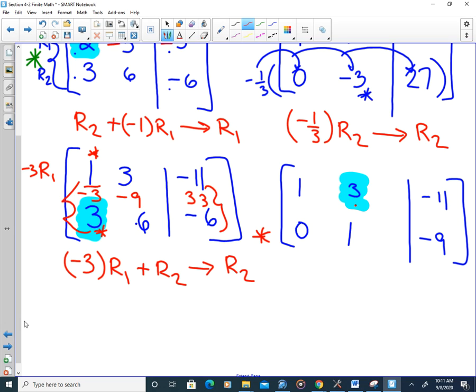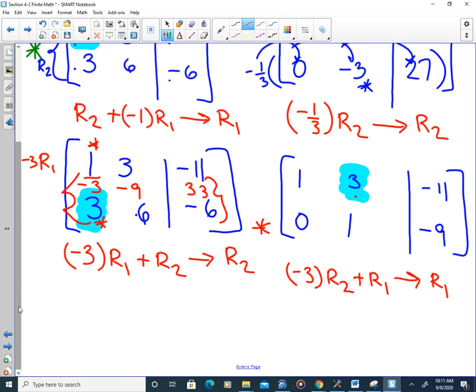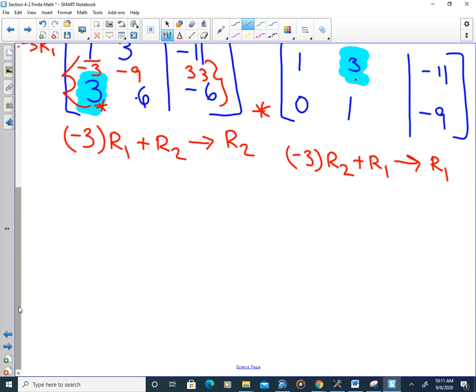So I'm going to take negative 3 times row 2, and then add that to row 1 and replace row 1.